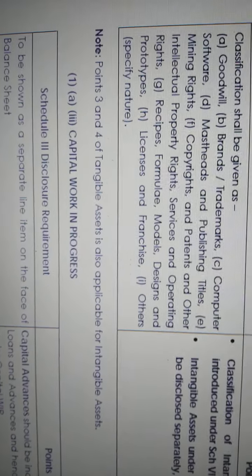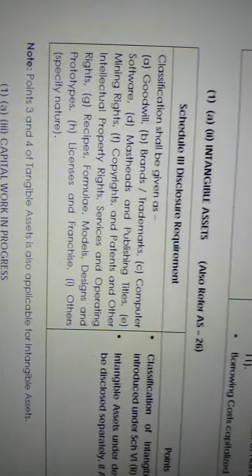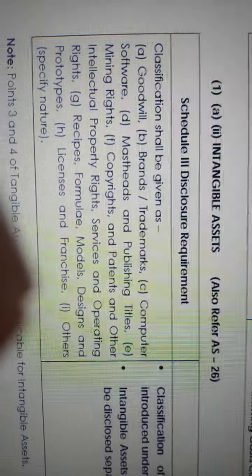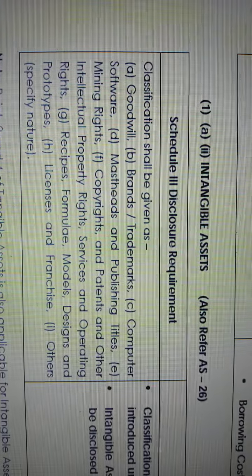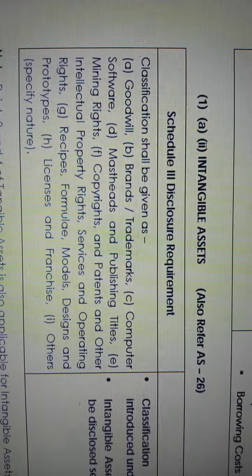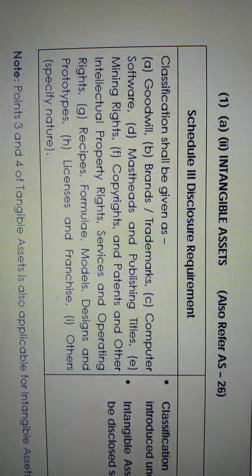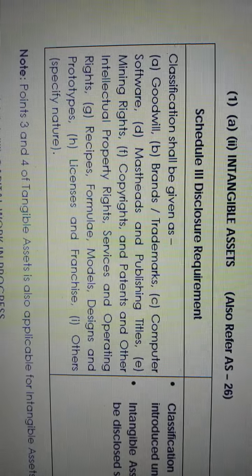Then intangible assets, AS 26. What are intangible assets? Normally assets that do not have physical existence. That is patent rights, copyright, goodwill, trademarks. All these things are classified under intangible assets. Okay.